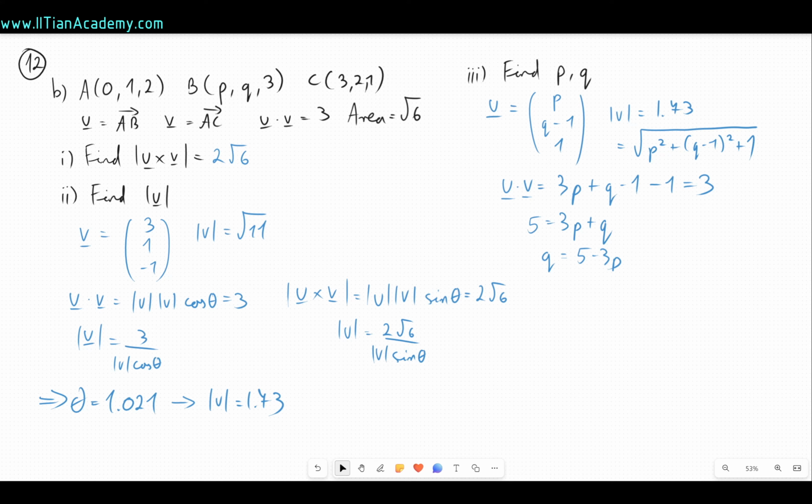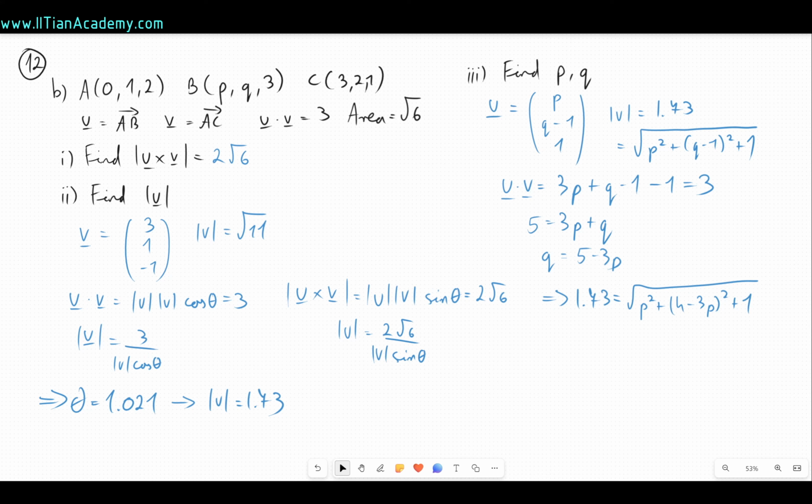All right, and now what we can do is plug this into here. So we'll have a square root. So we'll have 1.73 being equal to the square root of p squared plus 5 minus 3p, but that'll just be 4. So 4 minus 3p squared plus 1.